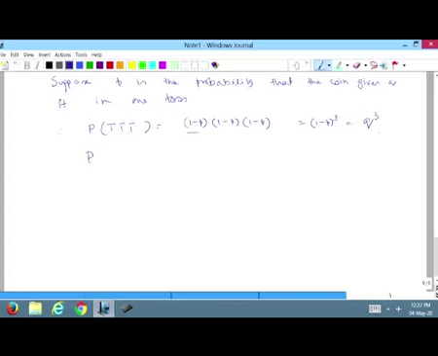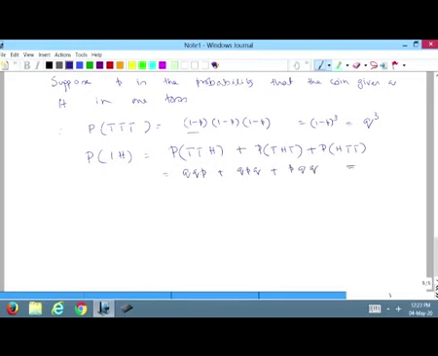Similarly, the probability of one head is equal to the probability of TTH plus the probability of THT plus the probability of HTT, which is equal to qqp plus qpq plus pqq, which is 3 p q square.